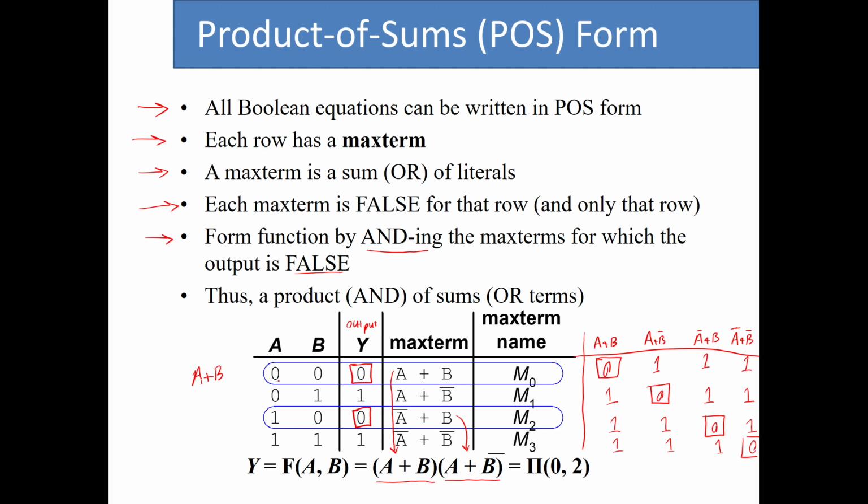So here we have a to be 0, b to be 0, which means that the max term associated with this is going to be a plus b. Anytime you see a variable being 1, then you consider its complement. So a is 0, so we consider the variable itself. B is 1, so we have a plus b bar. You apply the same analogy here. You have a bar plus b. And finally the last one, which will be a bar plus b bar, because both a and b are 1.